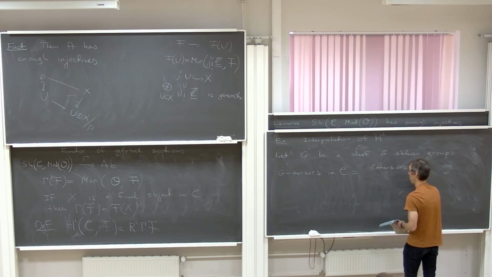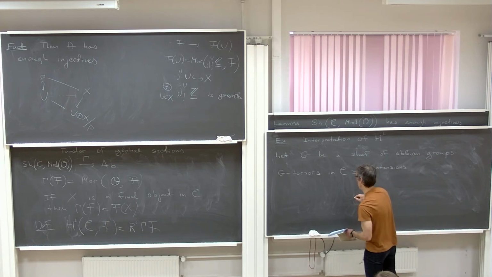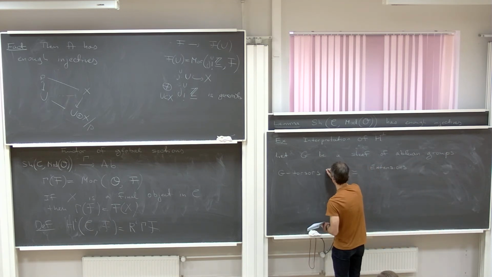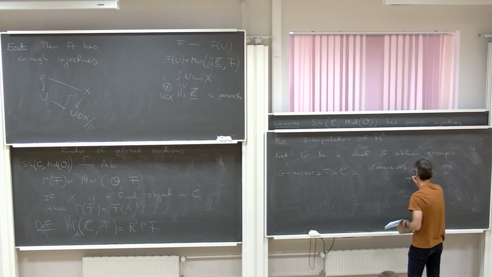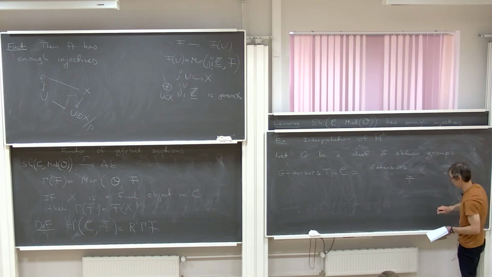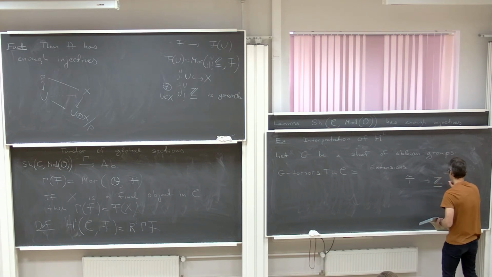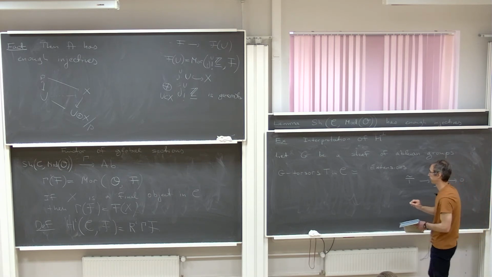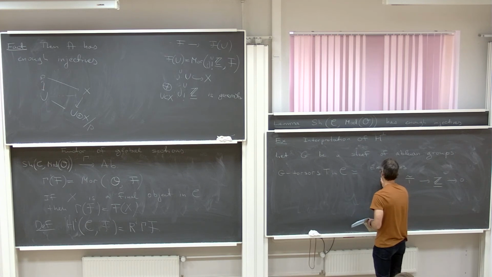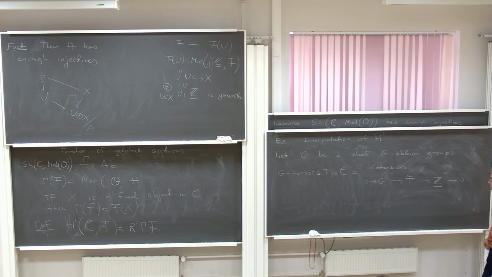Namely, say T is the name for my torsor, and the corresponding extension will be denoted by T tilde, and that's an extension of the constant sheaf Z by this sheaf of abelian groups G. So this is again an equivalence of two groupoids.